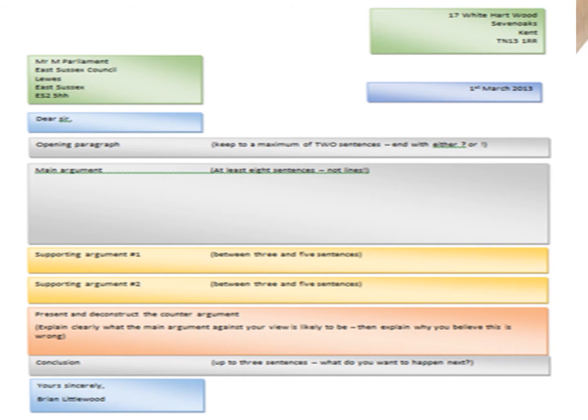Then you give a supporting argument 1, then 2. And then you might offer a counter-argument, what somebody else might say against you, in paragraph number 5, and then a short conclusion at the bottom summarising your points before you end with yours sincerely or yours faithfully, and indeed your name. So this will give you a really high grade. You can see a varied paragraph structure there, a clear introduction and then conclusion with planned arguments in between.